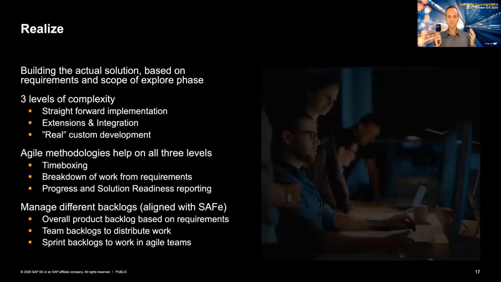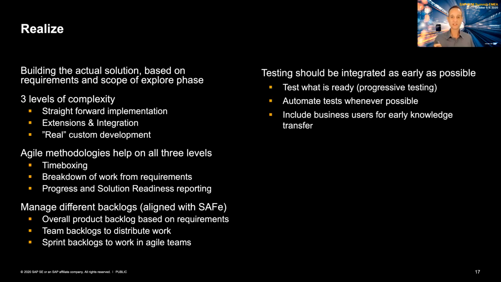And then of course that's not all, because here we also have to say testing should be integrated as early as possible. So always test what's ready, automate tests whenever possible, and include business users for early knowledge transfer.